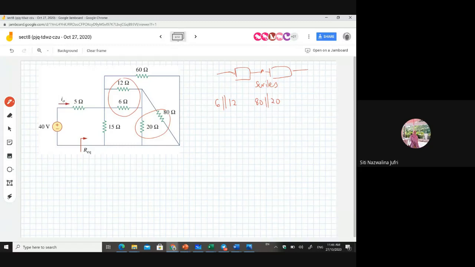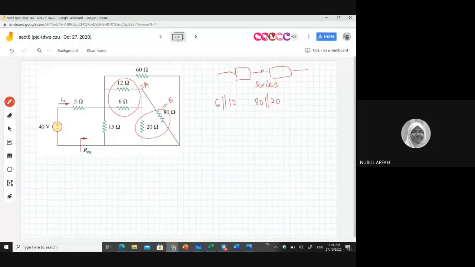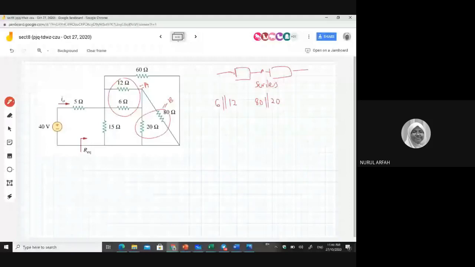60 and 5. Okay, if I put this one as A and this one as B, A and B are in series, madam. Yes, they are in series. Why?